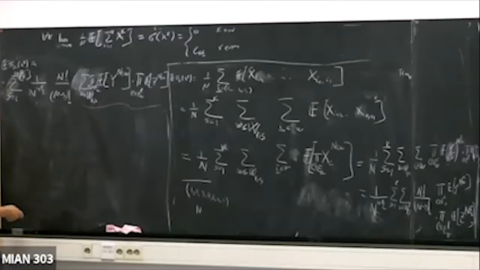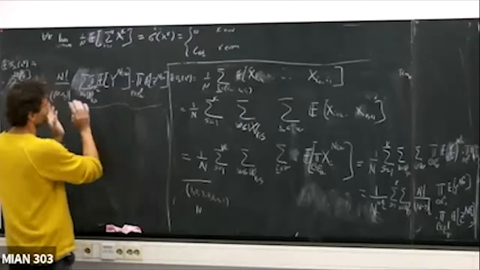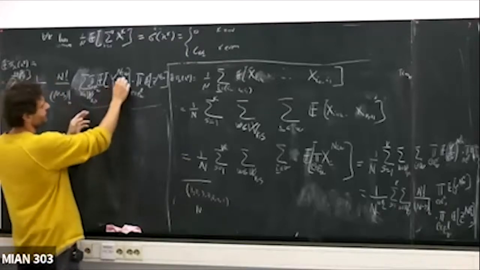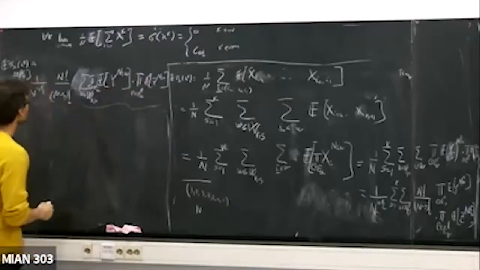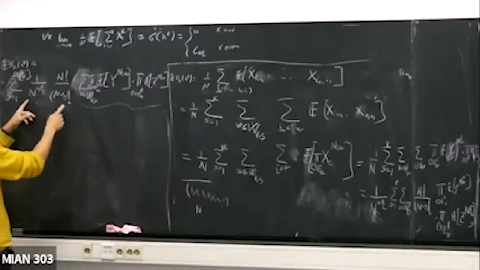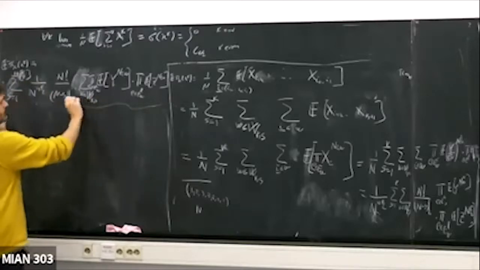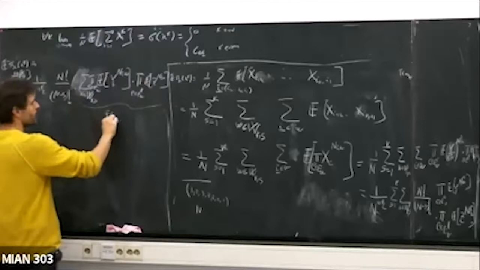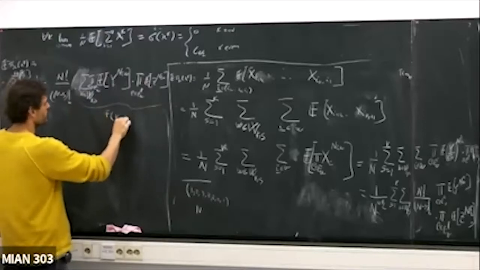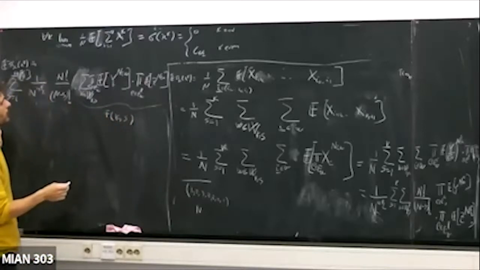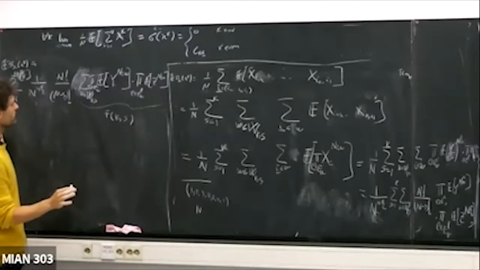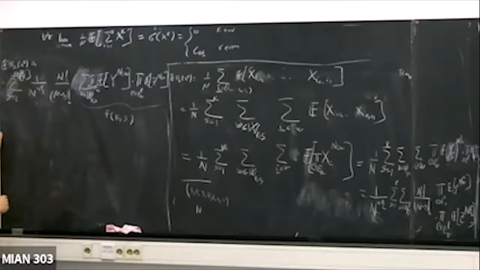But now this doesn't depend on n. Here we use that all these expected values, all the powers, are bounded, yes, but finite. So this is a number, some function of k and s. It doesn't depend on anything else. And this is the only thing that depends on n, and this is a finite sum. k is fixed.